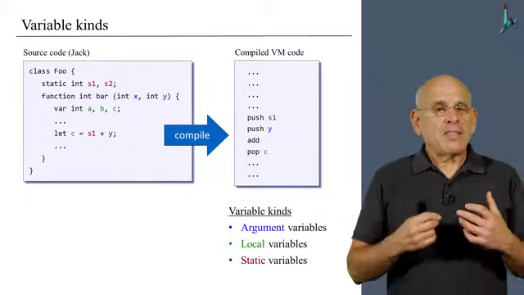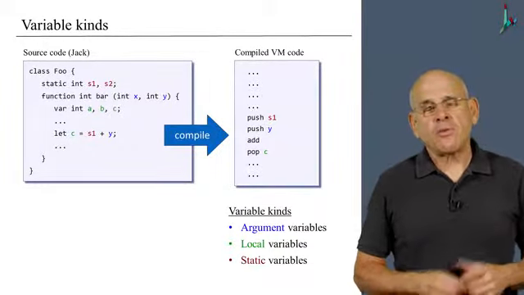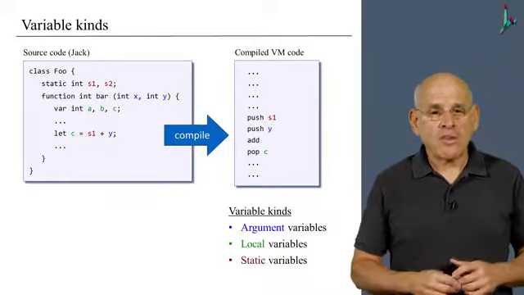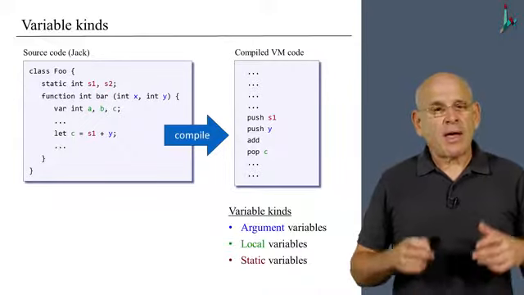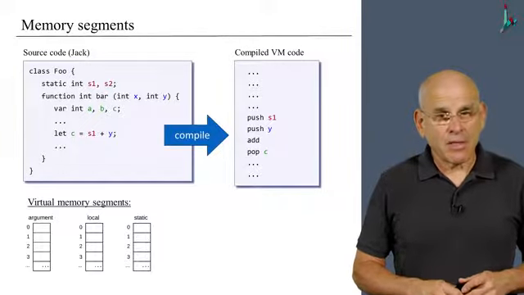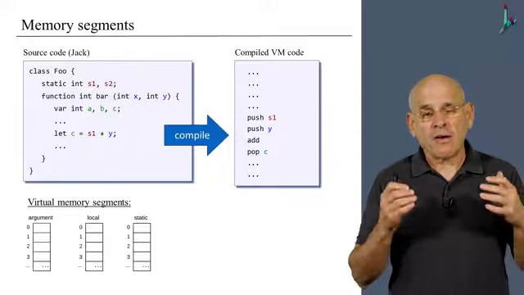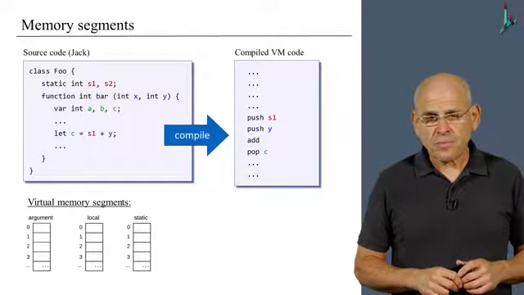So we need some mechanism to record the different roles of different variables in one's programs. And we do this by introducing the notion of memory segments, which is part of our VM abstraction.